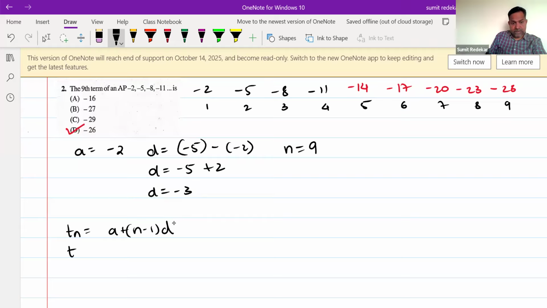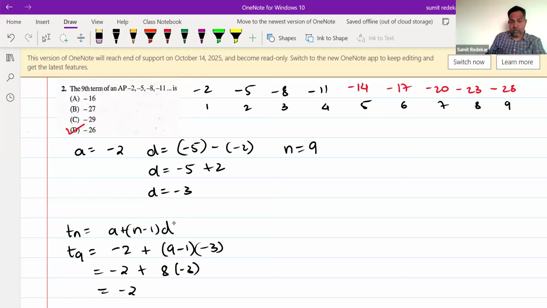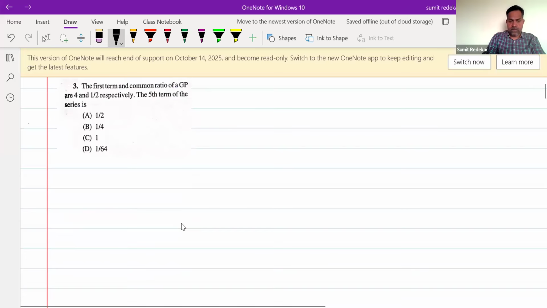The ninth term is a, which is -2 plus n minus 1, which is 9 minus 1, into d, which is -3. That is -2 plus 8 into -3, which is -2 plus 8 3s is 24, but it will be negative. So the answer is a negative 26. That's your question number 2.